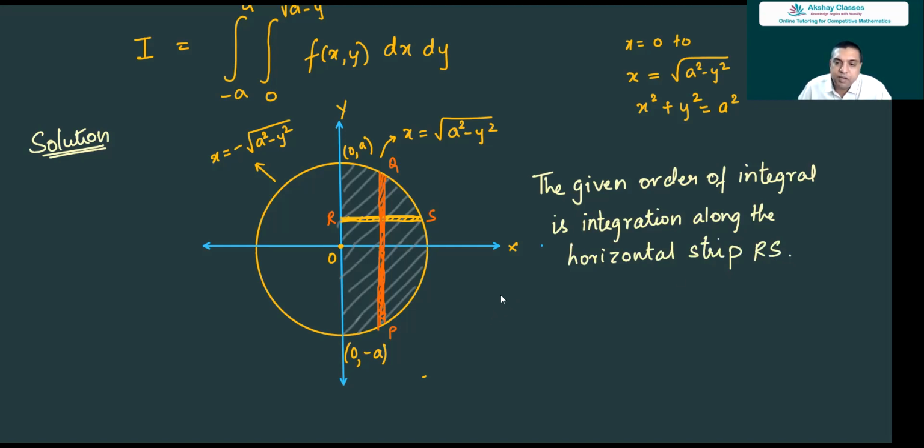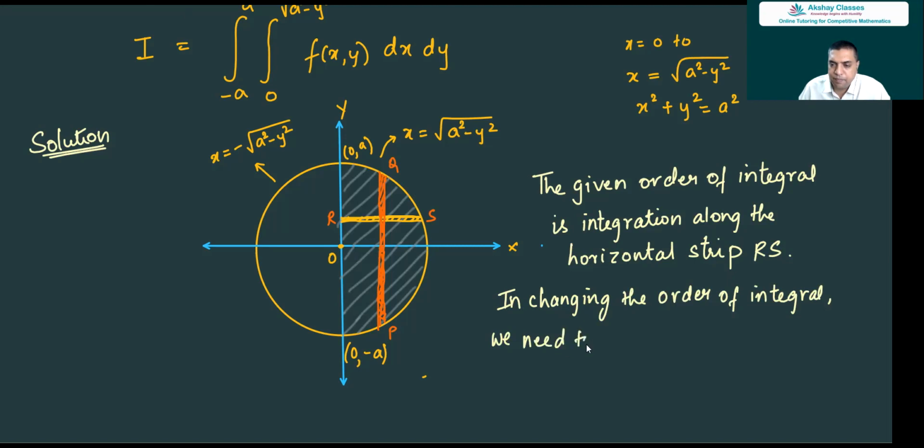Now, in changing the order, we need to integrate along the vertical strip PQ.